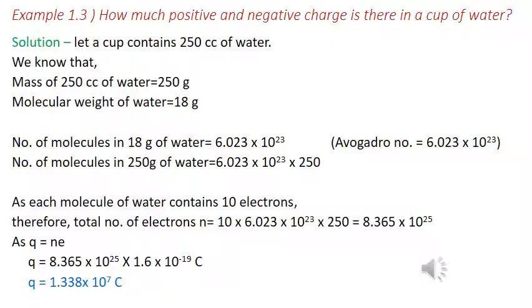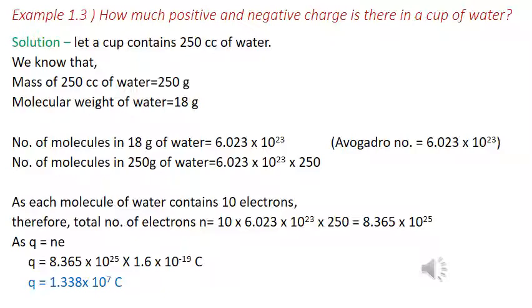Now we can calculate the number of molecules in 250 gram of water, as we know that the number of molecules in 18 gram of water is equal to Avogadro number, which is 6.023 into 10 to the power 23. Therefore, we can write the number of molecules in 250 gram of water is equal to 6.023 into 10 to the power 23 into 250.